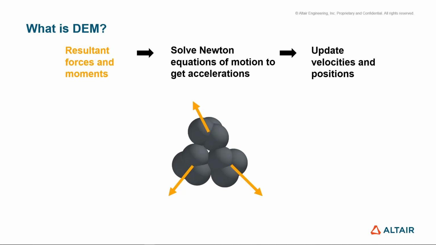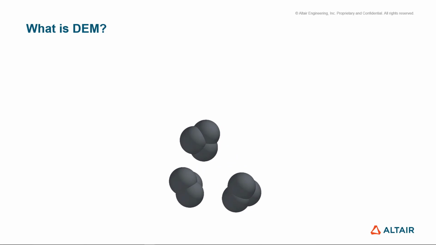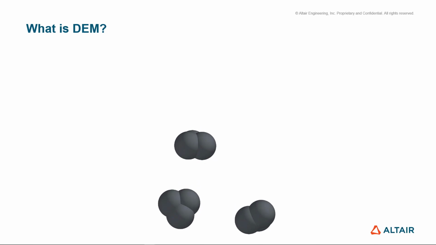Then the algorithm calculates the resultant forces and moments acting on each particle. Finally, numerical integration is used to update the linear and rotational velocities, positions, and orientations. So it can be seen in the animation how both linear and rotational velocities change during the collision.